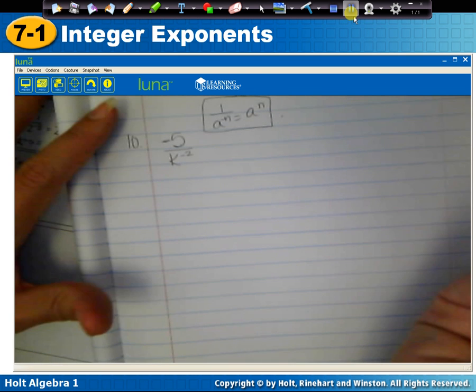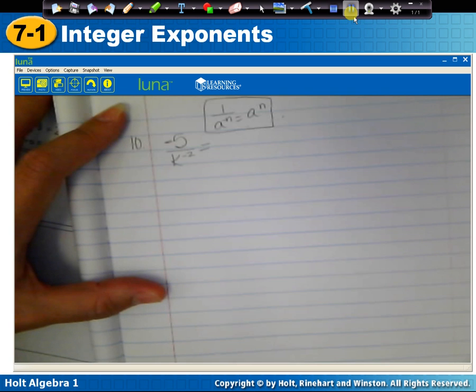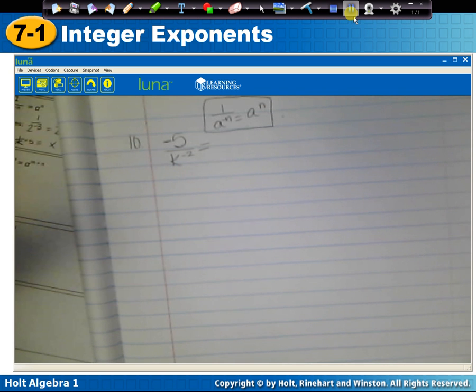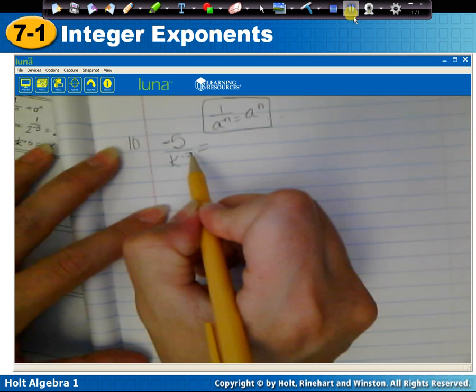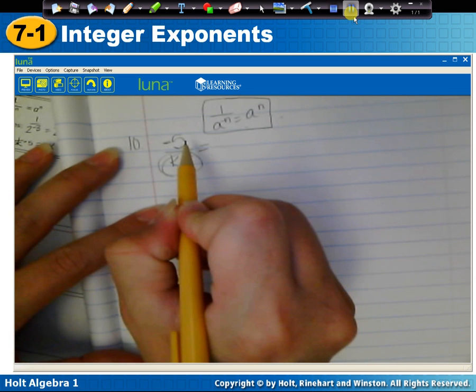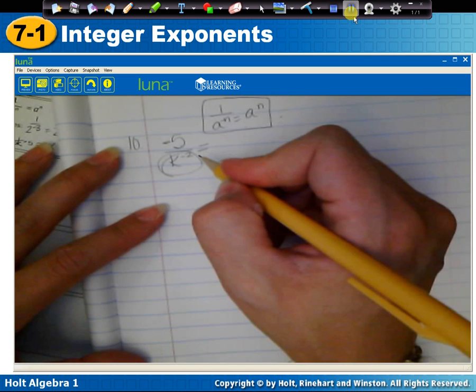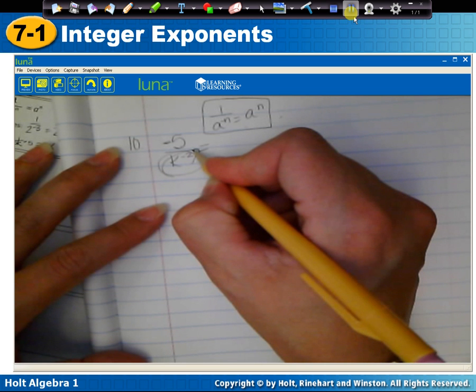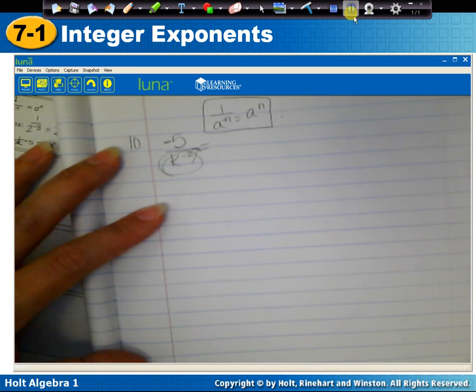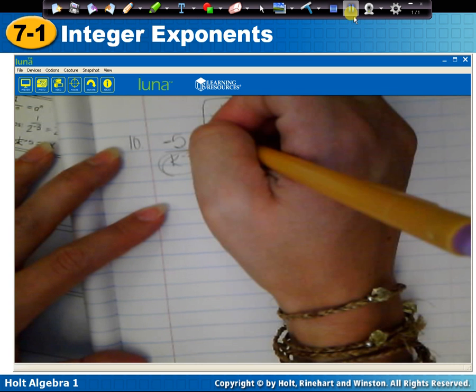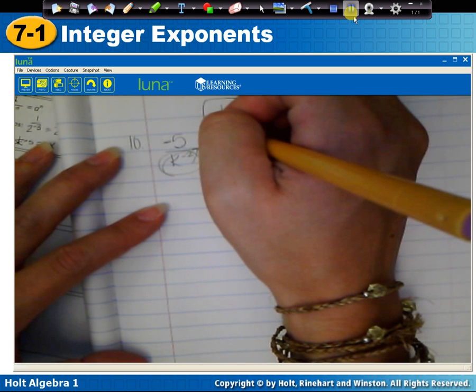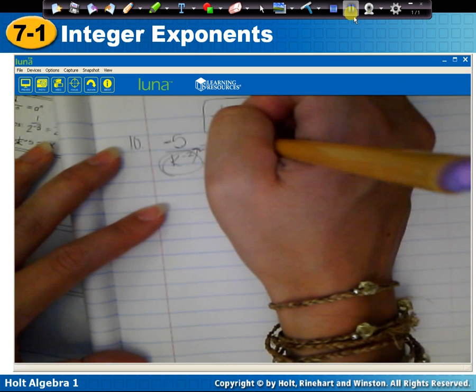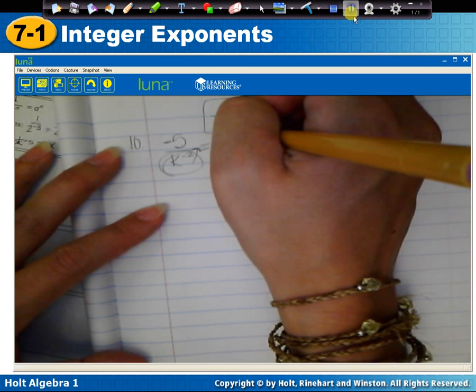All right. Just like in that last problem where the negative exponent only applied to the w and not to the 7, this negative exponent only applies to the k. It does not apply to the -5. So we're going to bring the k up to be with the -5. So we have -5, and then we bring up our k and make our 2 happy and positive.